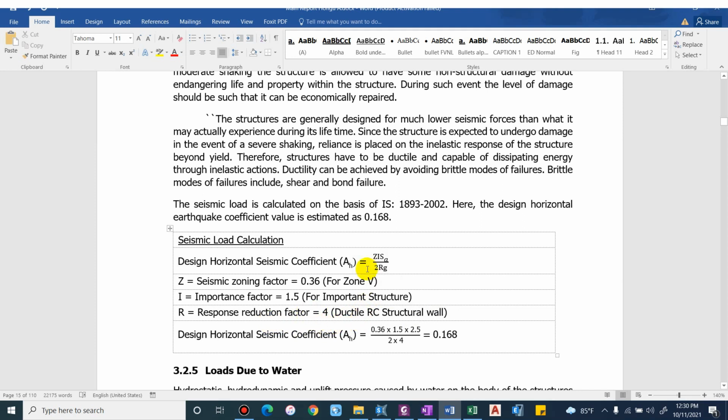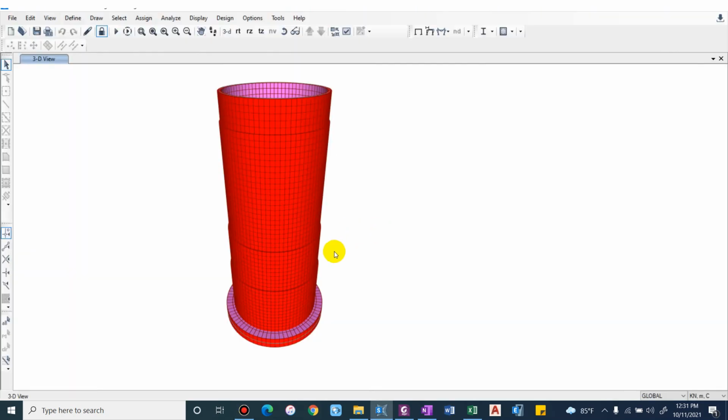Since the time period comes less than 0.1 second, Sa by g will be 2.5. So the design horizontal seismic coefficient comes as 0.168, which is less than 0.25. So we can avoid earthquake load for calculating the foundation width, and compute the bearing pressure with respect to dead load and water load only.